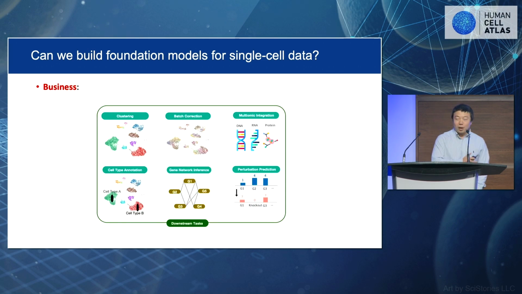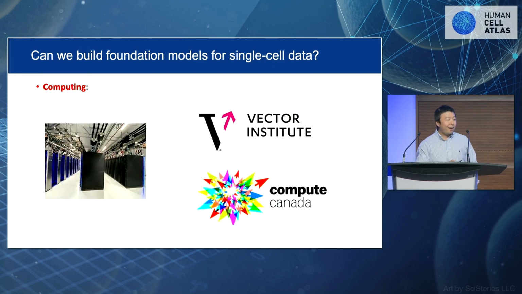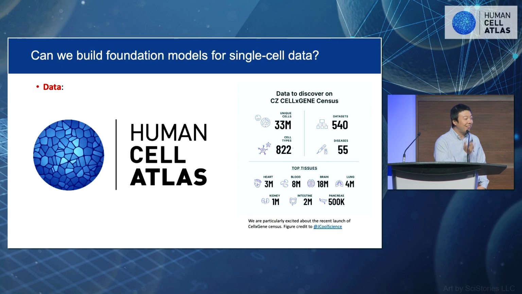B, business. We have lots of applications in single cell. I list a few in our paper, such as clustering, batch correction, multi-omic integration, cell type assignment, perturbation analysis, etc. Computing: as I mentioned, we need lots of GPUs. Thanks to Vector and Compute Canada, we were lucky to have access to some A100 GPUs.